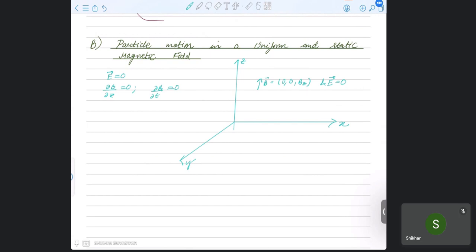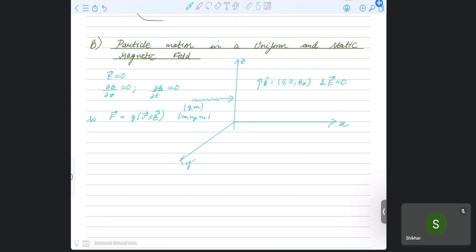The magnetic force is given as follows: when a charged particle with mass m and charge q, with initial velocity v0x, v0y, v0z, approaches this region of magnetic field, it will experience a force q v cross B. So the particle will feel the magnetic force only if it is moving.